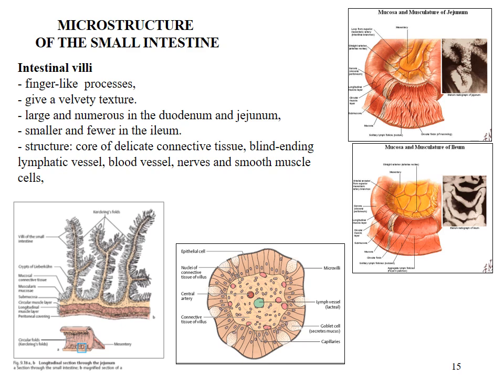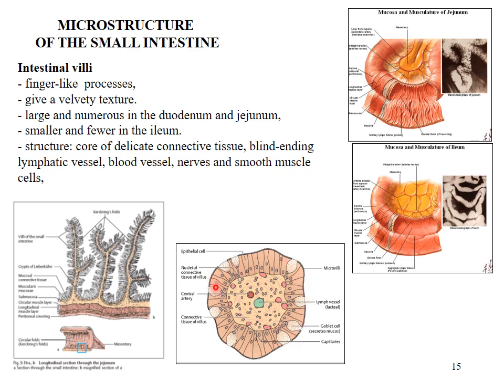Intestinal villi are large and numerous in the proximal part of the small intestine, the duodenum and jejunum, and smaller and fewer in the ileum. What is the structure of the intestinal villi?